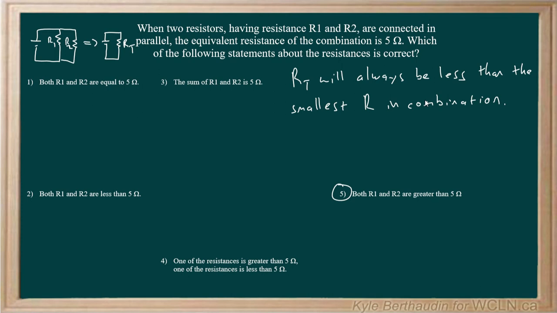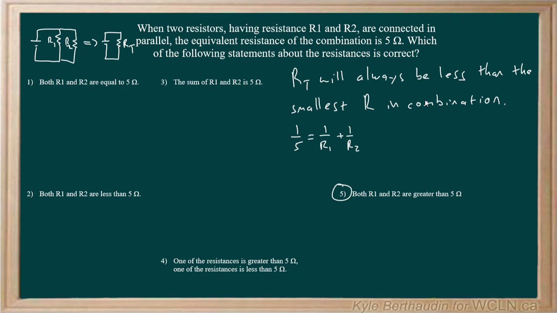So if we think about our two resistors in parallel, we can use 1 over RT equals 1 over R1 plus 1 over R2 to solve this. So 1 over 5, because that's our RT, equals 1 over R1 plus 1 over R2.